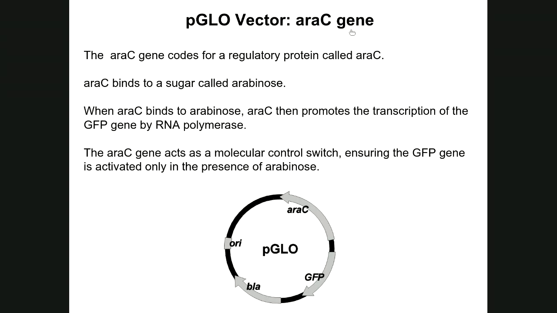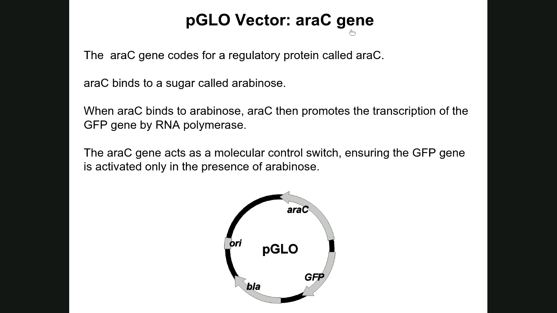Then there's the ARAC gene. I have said this before in the lab overview on Tuesday. What geneticists or scientists in general are trying to do is they're not only trying to create GMOs by transforming their genotype and therefore their phenotype, but when they insert those foreign genes into an organism that normally doesn't have that genetic information, they want to be able to, exogenously or externally, still be able to control when that gene works in the organism.